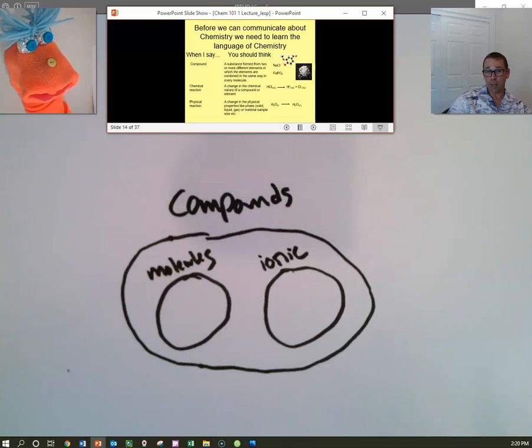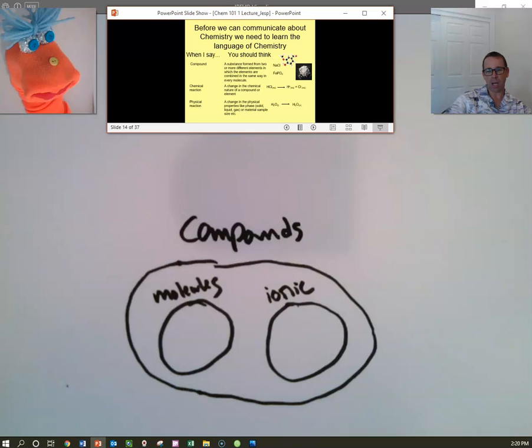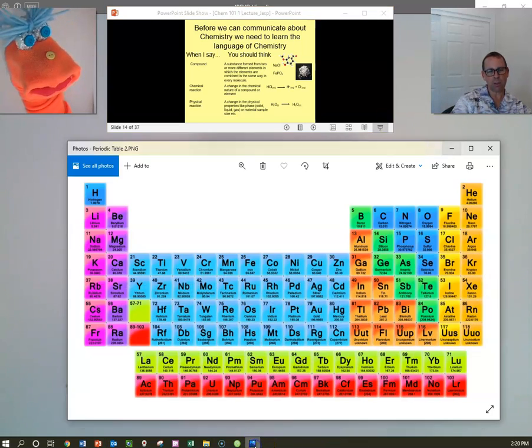We can recognize a molecular compound because it's a compound that is only made of nonmetals. Do you know where the nonmetals are on a periodic table? Okay, here's how we can separate the metals from the nonmetals. It's this green staircase. The green staircase separates the metals from the nonmetals. Take this one down here. Have you heard of that element?